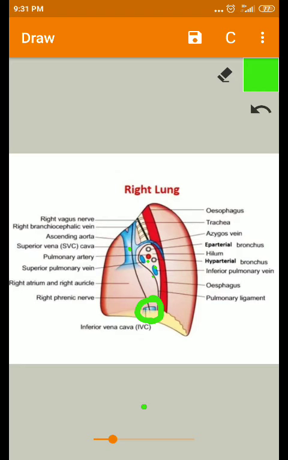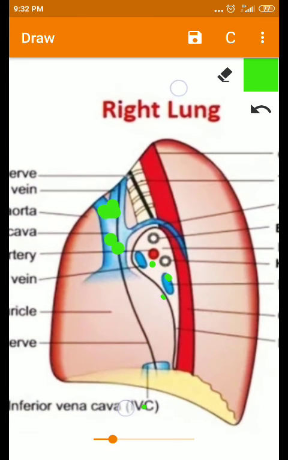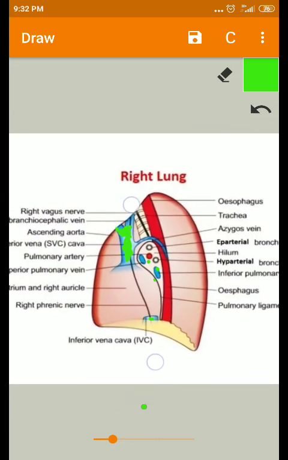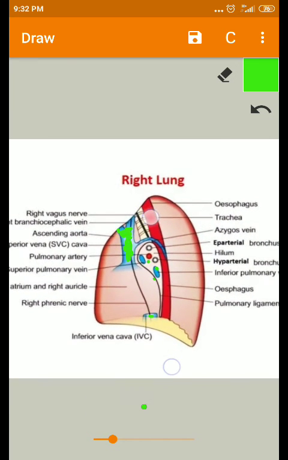This part is the superior vena cava, and above this one is the right brachiocephalic vein. This right brachiocephalic vein finally terminates into the superior vena cava, and this one is the inferior vena cava. This is present on the anterior aspect.